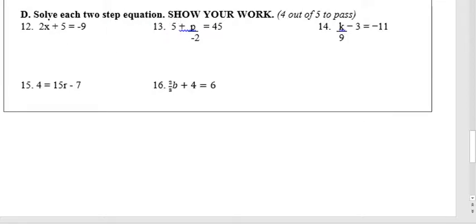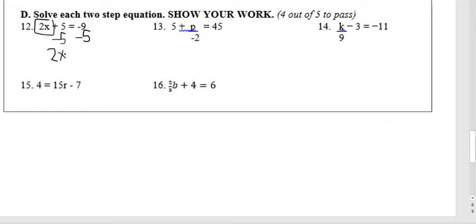equals negative 9. Remember, when we're solving equations, we're undoing the equation to be left with just the variable. We always follow the reverse order of operations. Okay, so we get rid of the one that doesn't have the variable first. We get rid of the addition or subtraction part first. So in order to get rid of a plus 5, we're going to do a subtract 5, which we do on both sides.